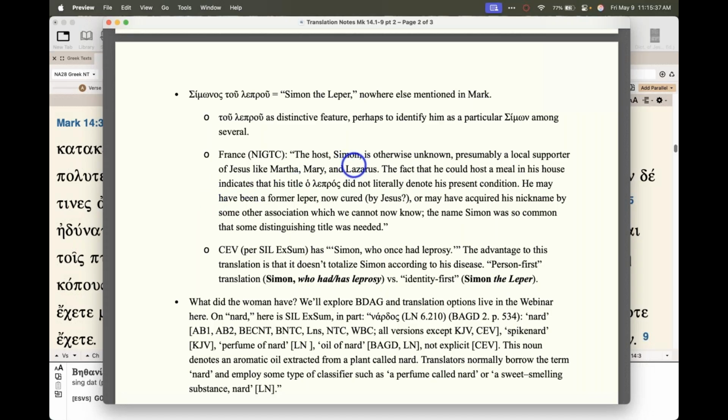And if you compare different commentaries, you're going to see them say much the same thing. This idea of this leprosy being a former condition, cured by Jesus, I think I saw that in like 5 different commentaries as I was preparing for today.